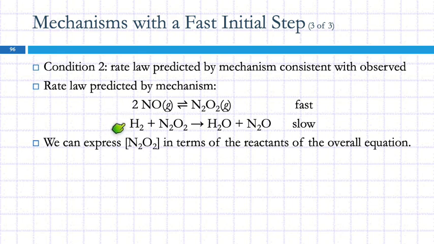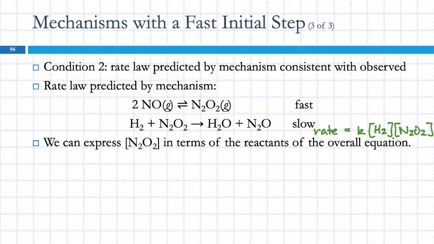Well, we can predict a rate law for the slow step, right? So for that slow step, the rate is going to equal a rate constant times H2 to the first.